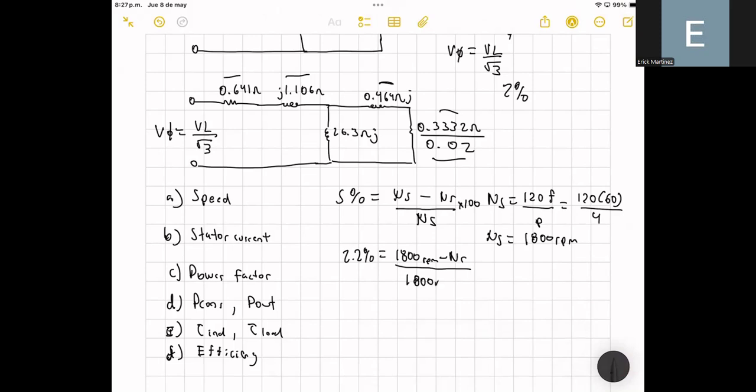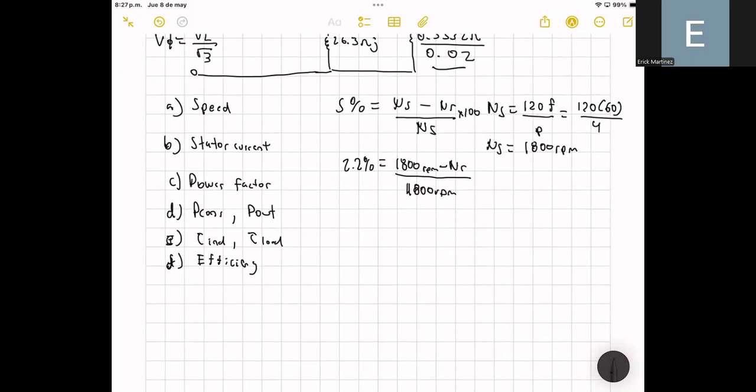We can solve this equation for the rotor speed, and you will obtain 1,760 revolutions per minute. So you can use this equation to compute the rotor speed. This is the speed of the rotor, that is the speed of the motor.